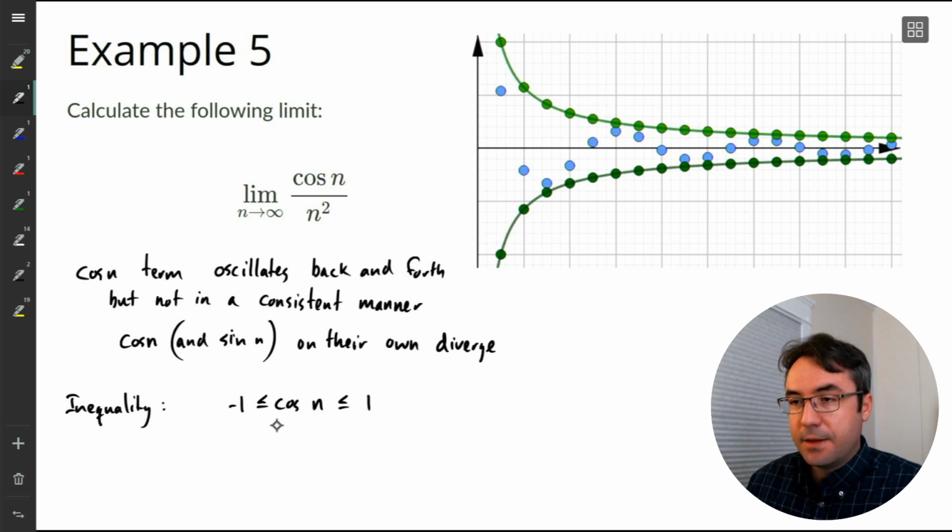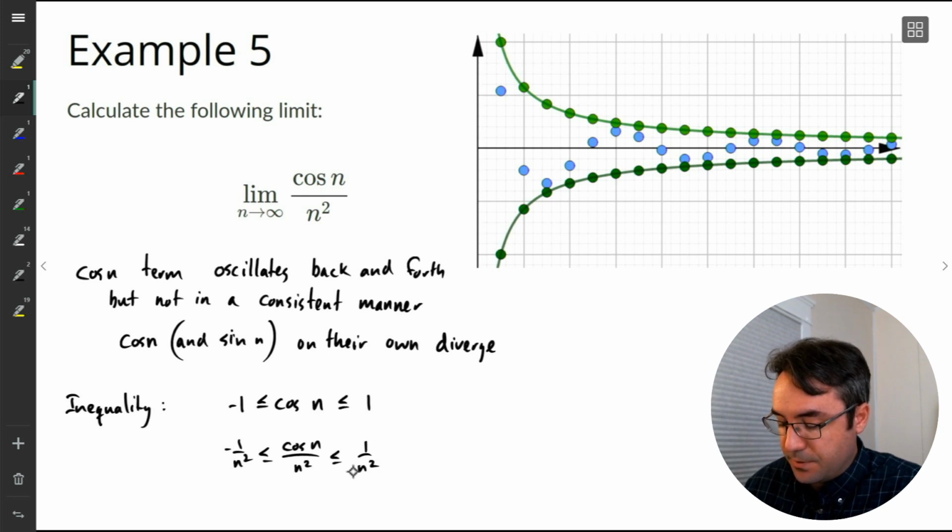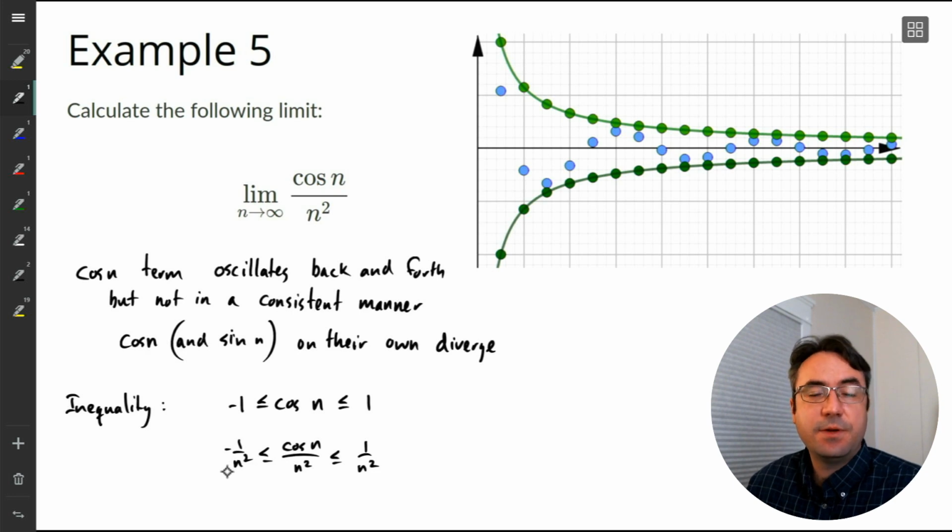Well, now if we make this middle term match with what our original sequence looks like, we can do that. We can just divide everything here by n squared, and the inequality is still true, because n squared is positive, so dividing everything by positives preserves the inequality.